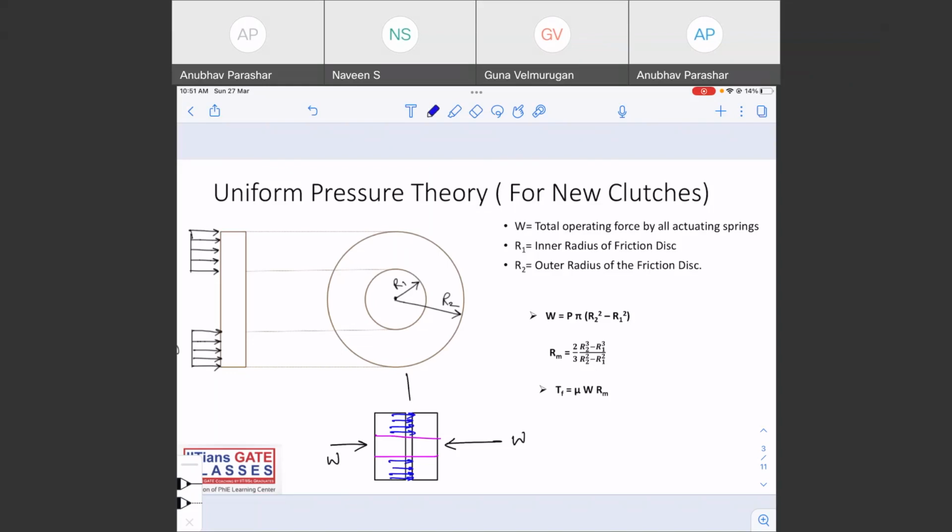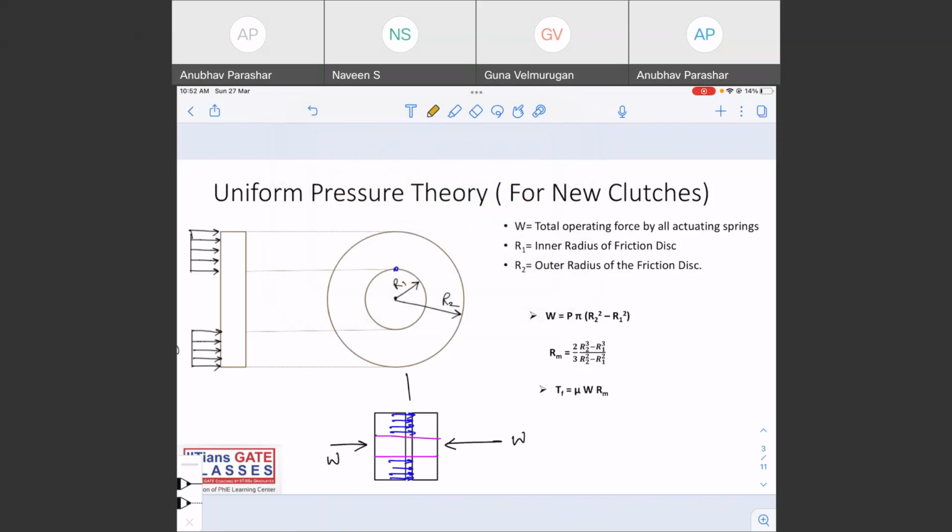Even if you take the inner radius or the outer radius, the composition of the friction lining will be the same, right? We will not get into too many details. We'll just try to see how to solve the problem and a few objective questions that can be asked.